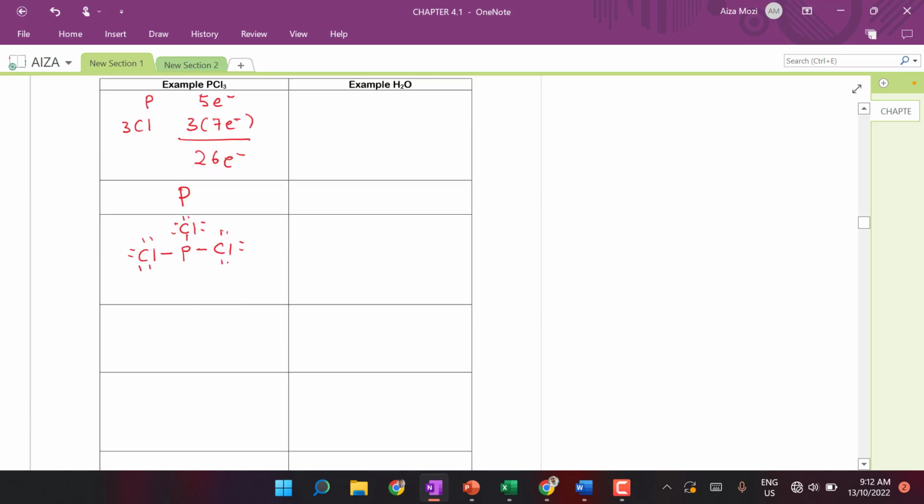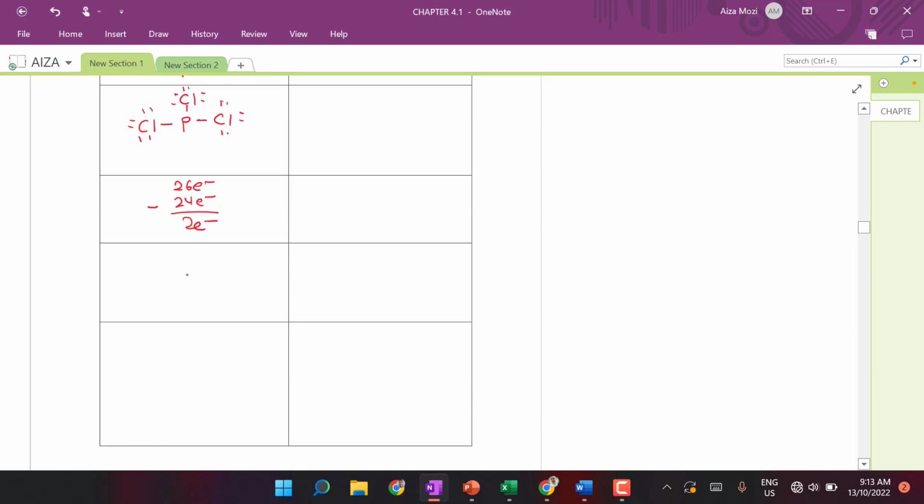Next we deduct the total valence by the amount of electrons already used: 2, 4, 6, 8, 10, 12, 14, 16, 18, 20, 22, 24. So there are 2 extra electrons. Please place them at the central atom as a lone pair.